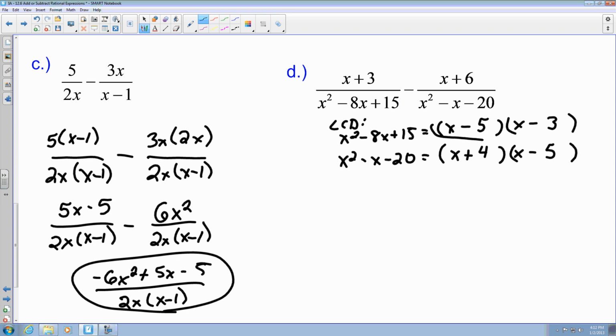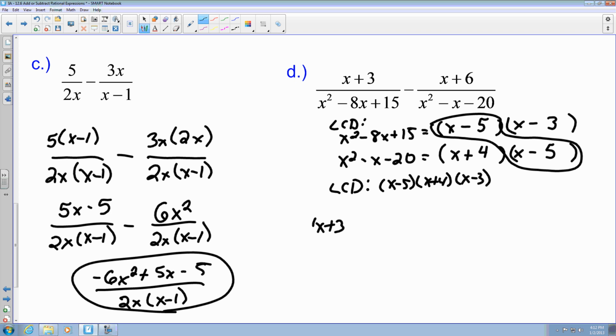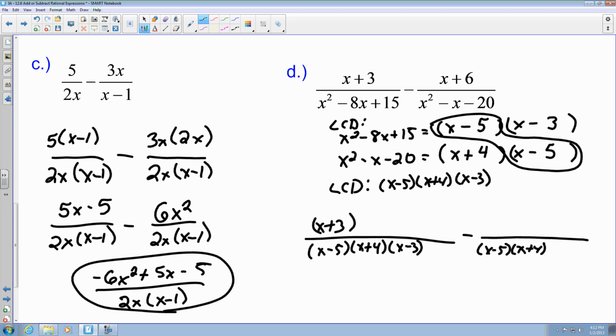And as you can see, I got negative 5 is the same, so that means my least common denominator is going to be x minus 5, x plus 4, and x minus 3. So now I got x plus 3 as my first numerator, over x minus 5, x plus 4, and x minus 3, minus x minus 5, x plus 4, and x minus 3.